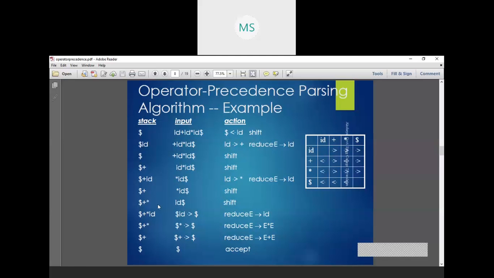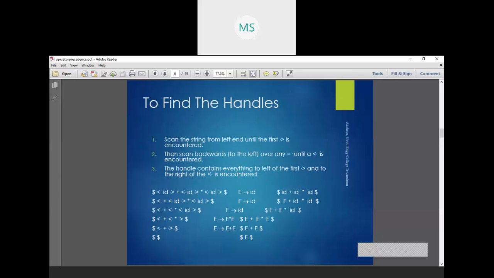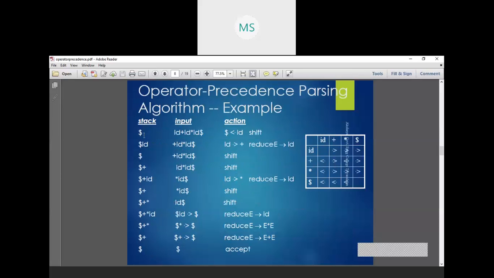To write this, see, I'm writing this algorithm. The input string is identified by W. W is your input string ended with dollar. The initial stack also contains dollar. This is the constant. And a table holds the precedence relations between the terminals. Now I will show your stack operation. The stack contains dollar.